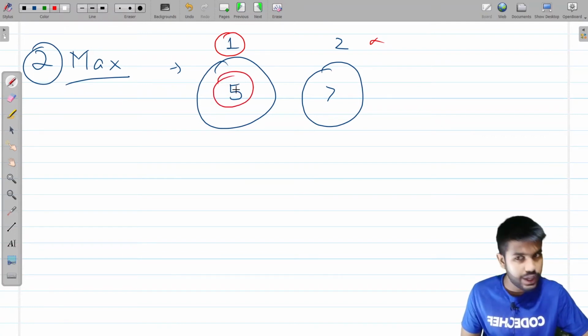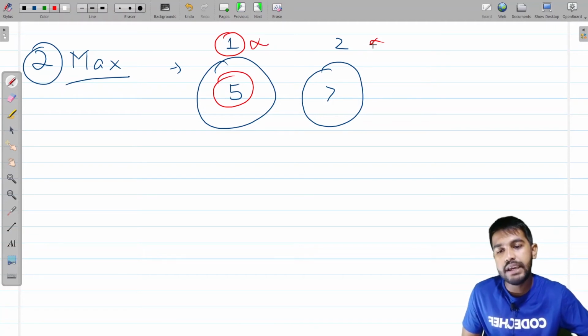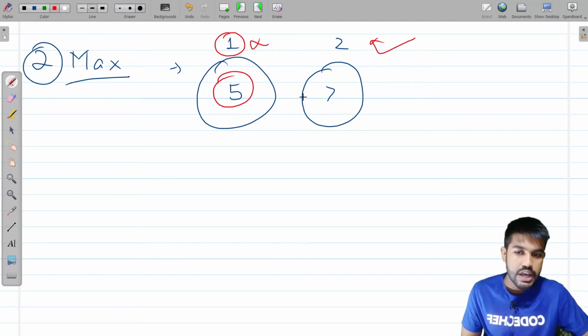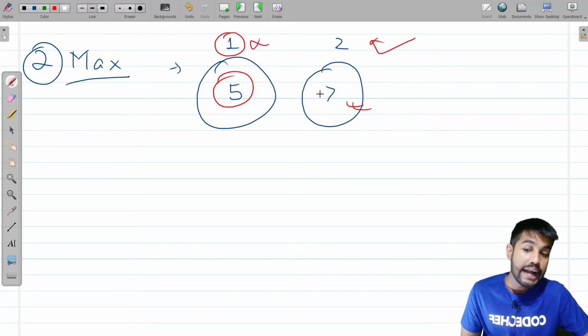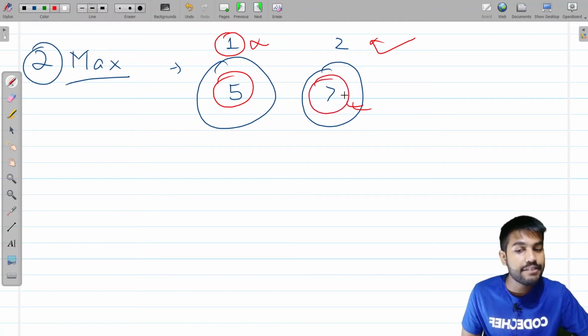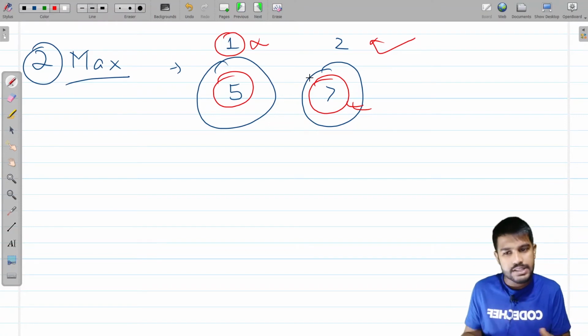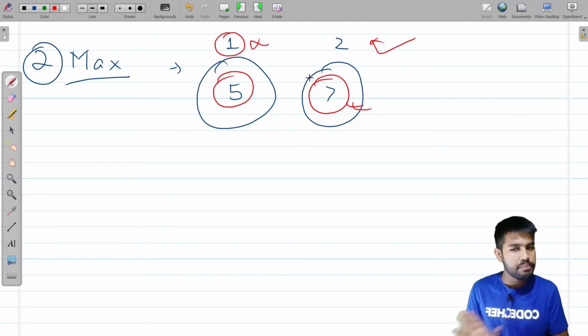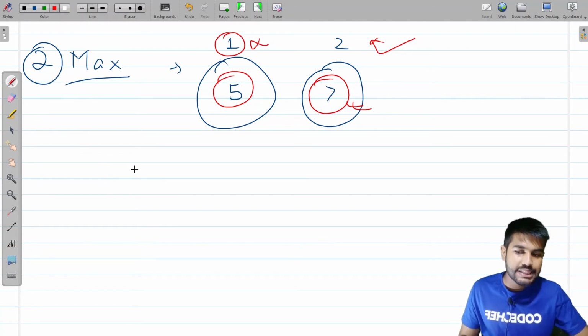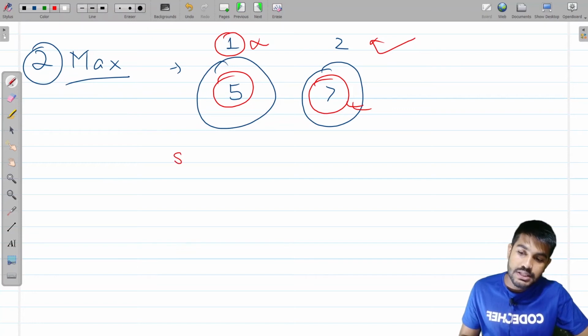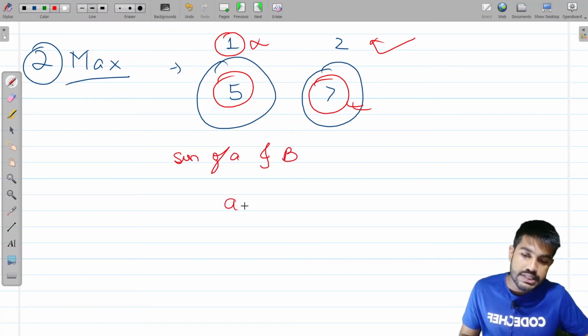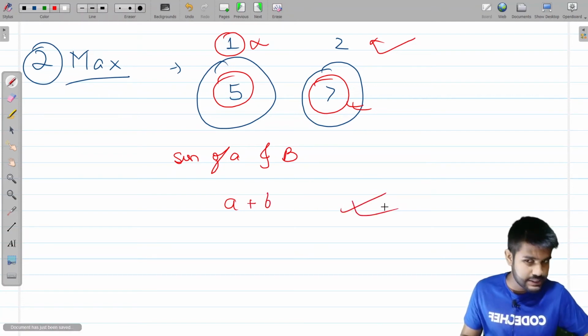Then guard 1 is sleeping and guard 2 is awake, and guard 2 counted that the chef entered the building 7 times. So one is sleeping while the other one is working. This idea is somewhat clear, so I won't repeat it. The answer would be the sum of A and B, which is A plus B, the maximum count.